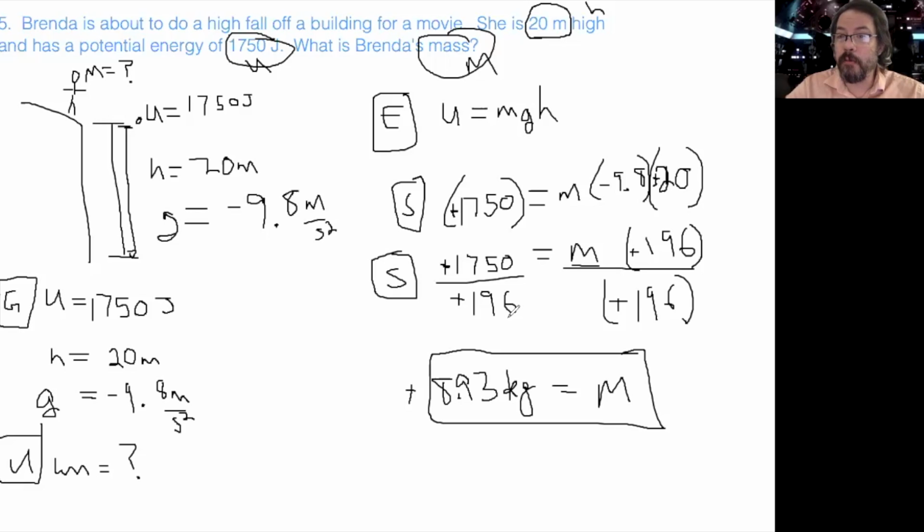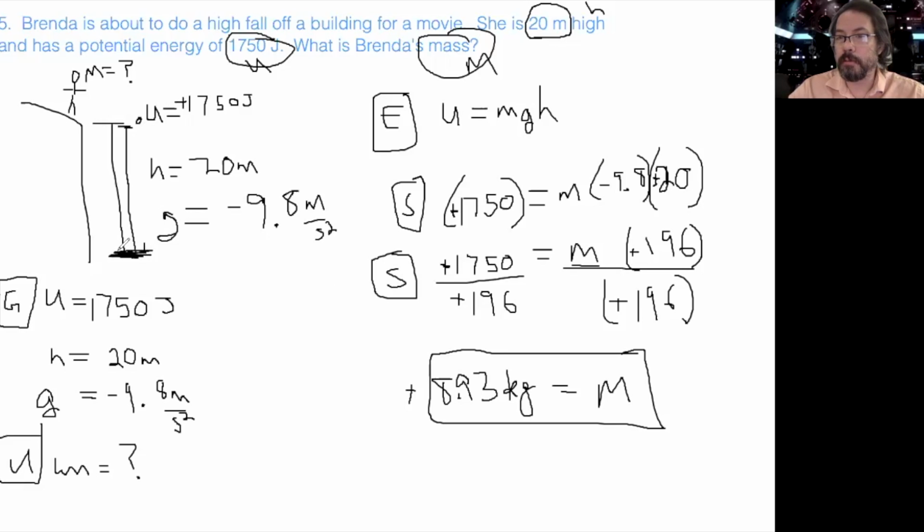Usually a negative means something is getting colder, and a positive means something's getting hotter if we're talking about heat energy. Potential energy generally means something is positive above the ground. So if we say this is positive, we're assuming that this is the ground.